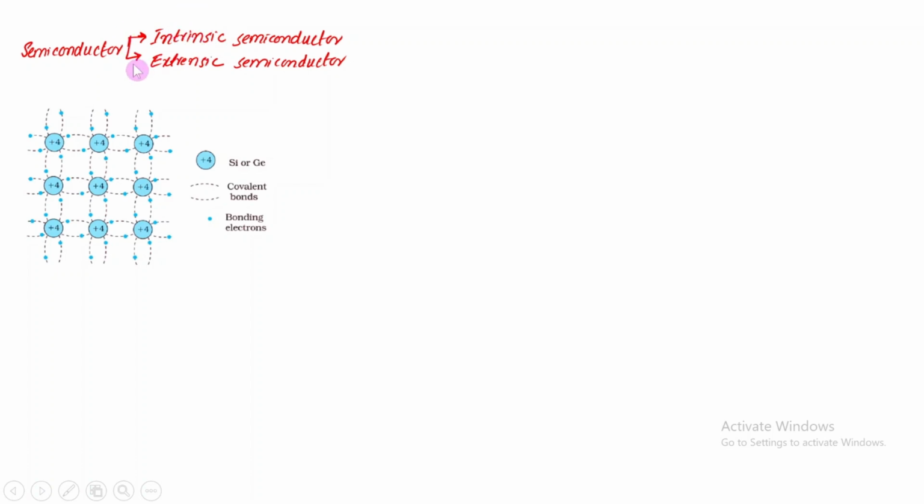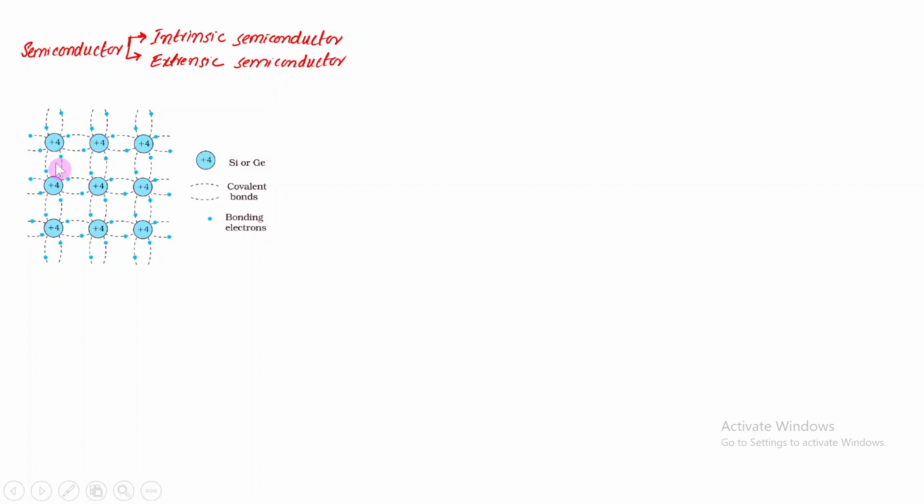If we consider a chip made up of silicon, which is an element of group 4, having 4 valence electrons, here is that representation. This is the silicon chip. Inside its crystal only silicon atoms are present, so we call this an intrinsic semiconductor.